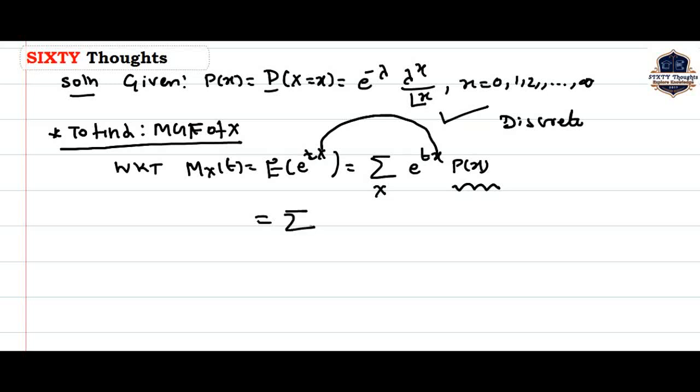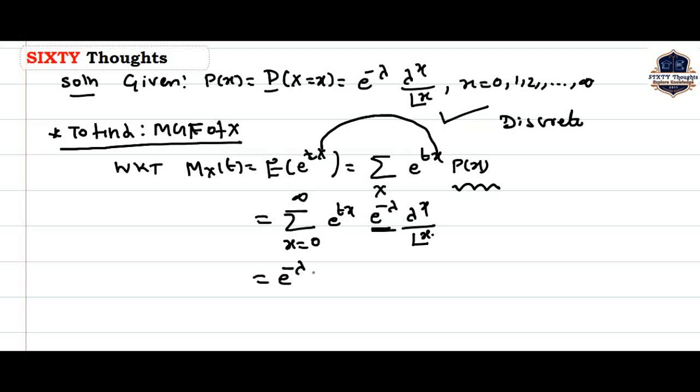Therefore we get the summation of e power tx into e power minus lambda into lambda power x by x factorial, where x varies from 0 to infinity. E power minus lambda is a constant, so take it outside the summation.